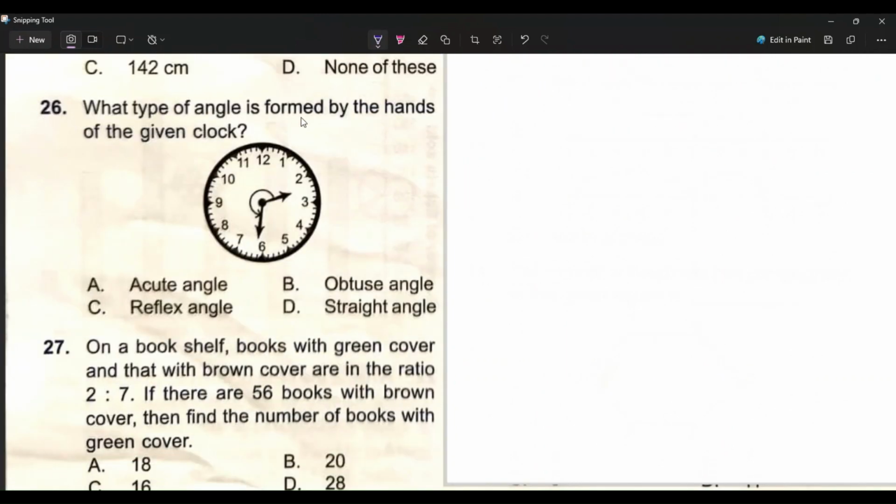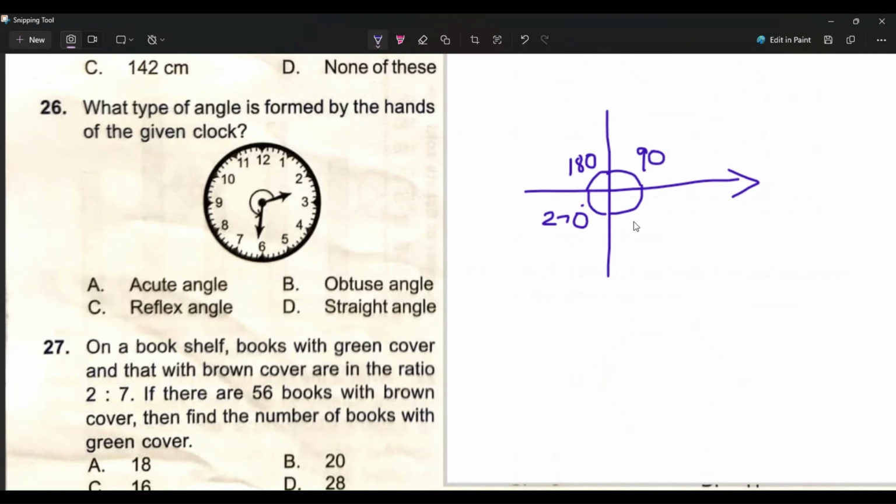Now 26th question, what type of angle is formed by the hands of the given clock? So we have to find out which angle it is. So this is 90, this is 180, this becomes 270, and this becomes 360.